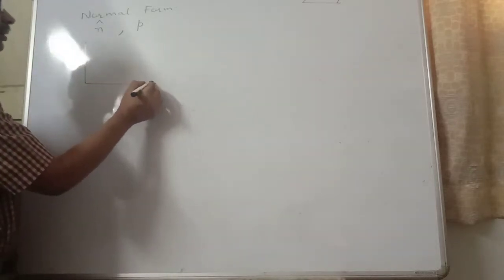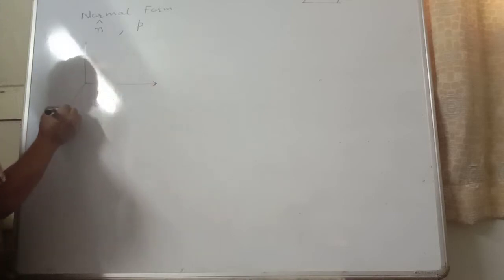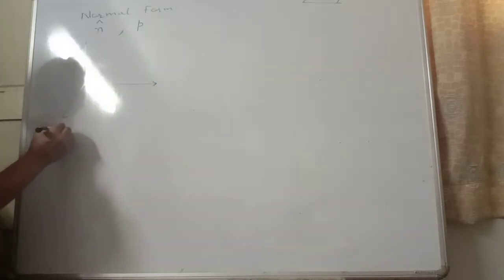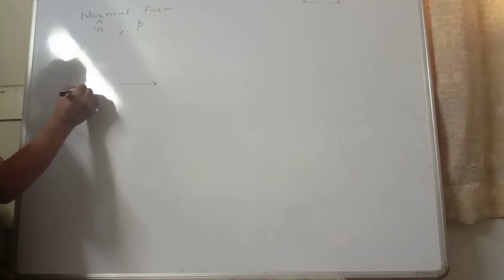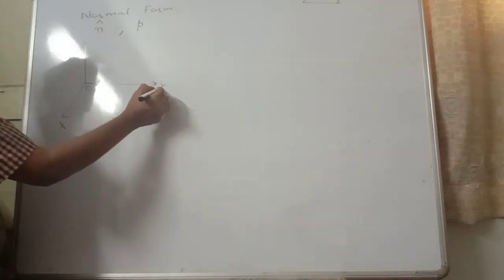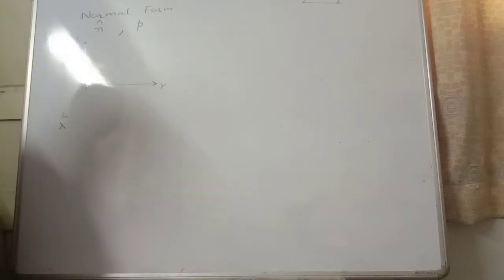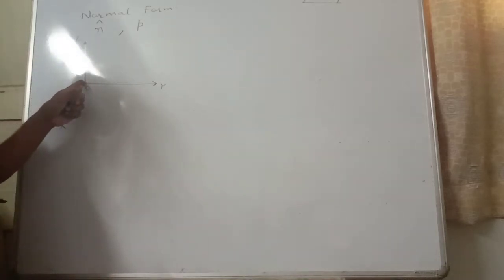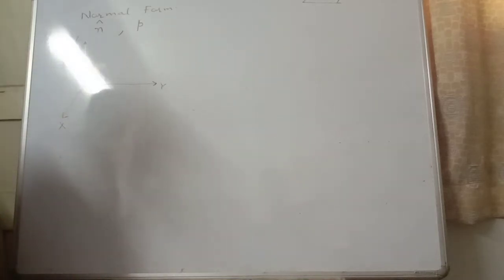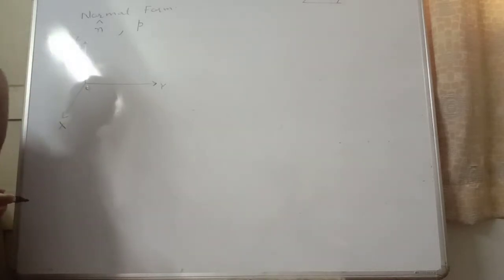Consider three-dimensional geometry. Three axes which are mutually perpendicular to each other. The point of concurrence of the three axes is the origin. All three mutually perpendicular axes pass through the origin.